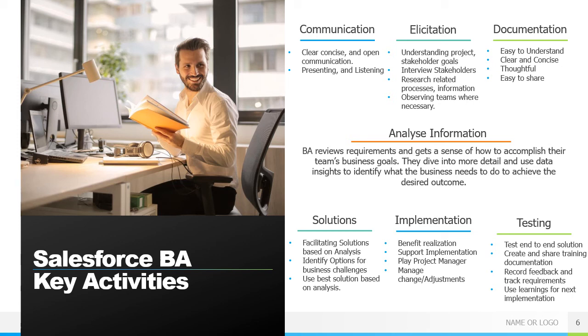Testing, obviously, if you're automating a process, for example, then you would test the process is working end to end as desired with the required input, and it's producing the desired output. So that's what you have to test the new implementation for. And also you would trace the implementation back to the requirements, present it to the stakeholders, deliver training where necessary, create documentation.